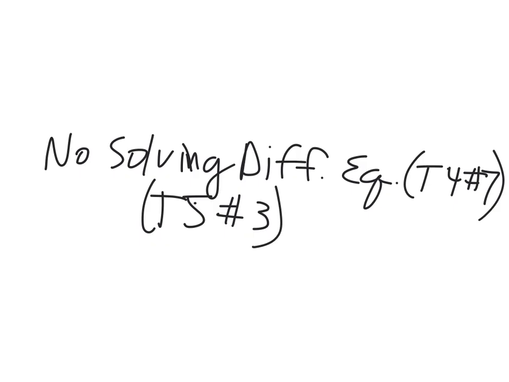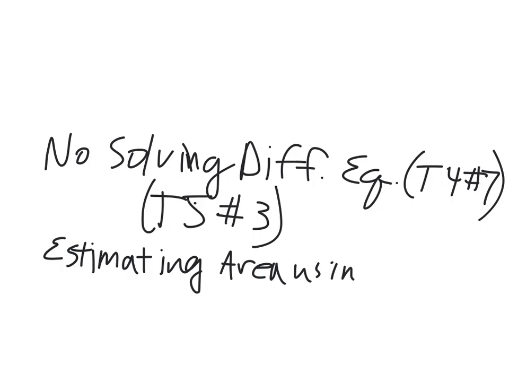But there won't be like 8 or 16 rectangles, but probably around 4. Find your delta x and find the x values, and then length times width. The length of each rectangle will be a function value at either the left endpoint or right endpoint, and then your width is your delta x. Okay. So estimating area using rectangles, definitely a possibility.